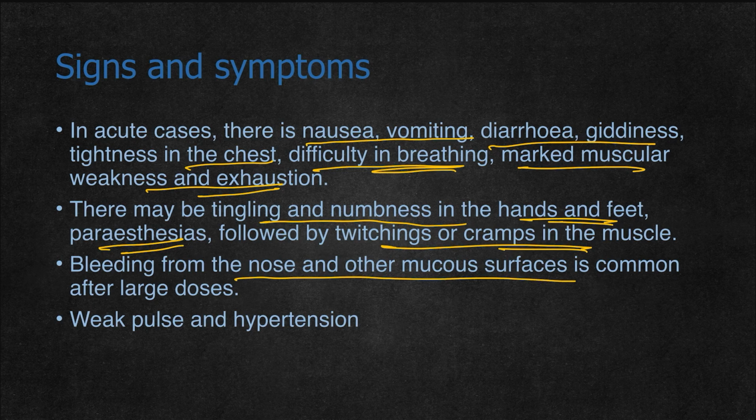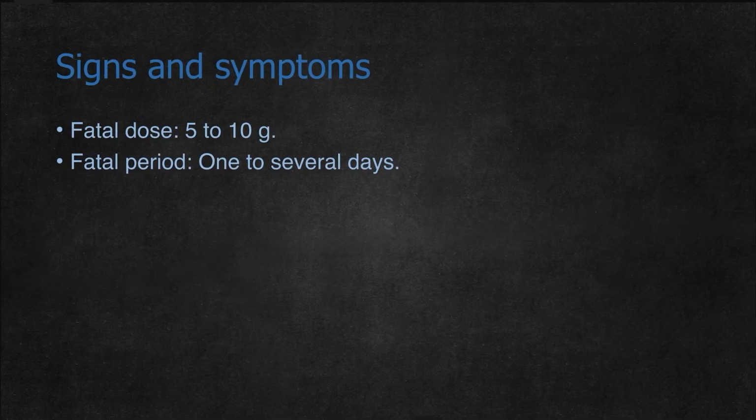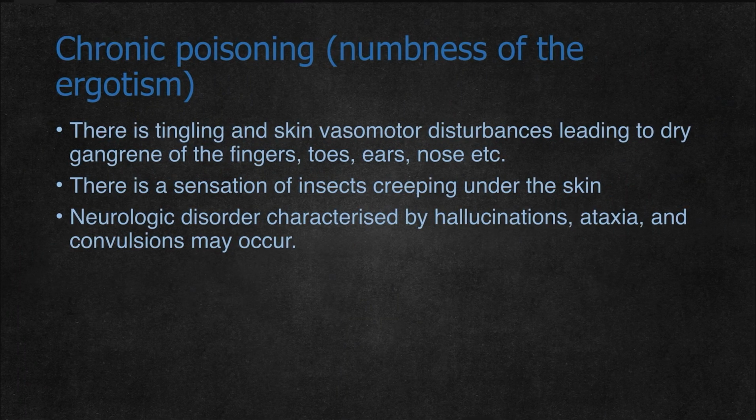After larger doses, bleeding from the nose and other mucous membranes is common. There will be a weak pulse, followed by increasing blood pressure leading to hypertension. The fatal dose is 5 to 10 grams of the active principle, and death requires one to several days after poisoning.